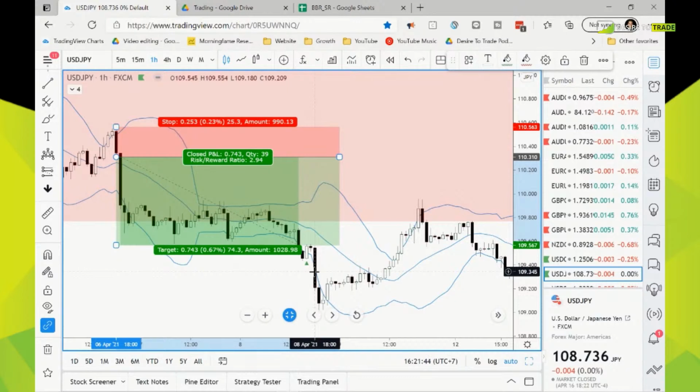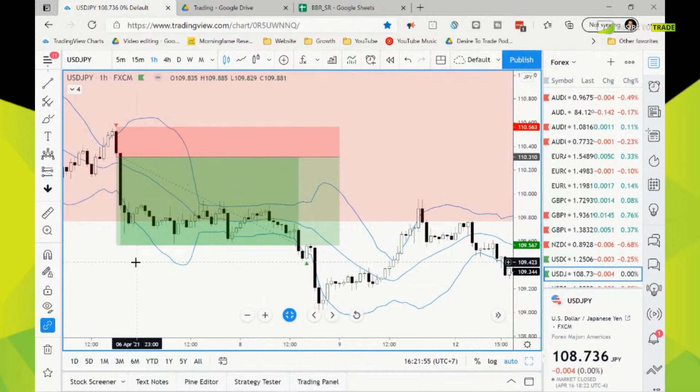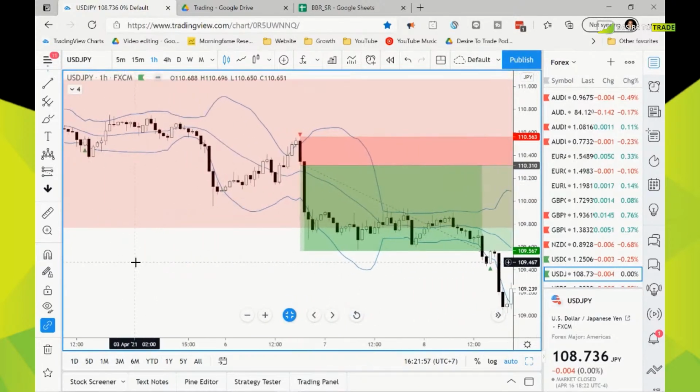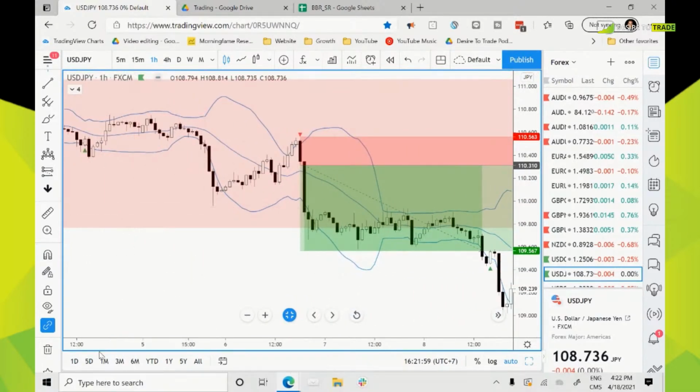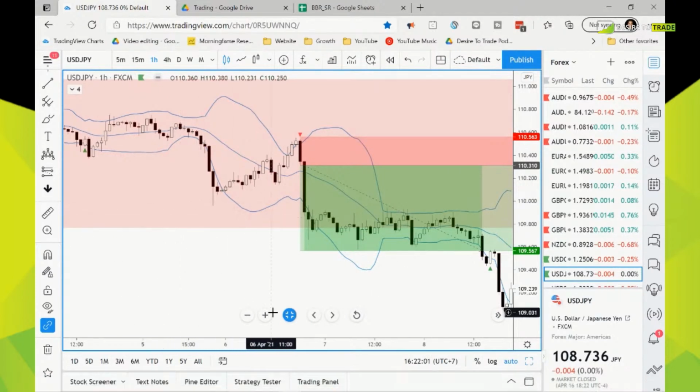Now, one thing you can do with this strategy, which I didn't mention, and I mentioned this recently in the training I was doing, is one way to exit out of trades that go back. Let's say you have a lot of trades that go in your favor and then go back to hit your stop loss, or go back to being losses. You can start to exit your trades on opposite setups.